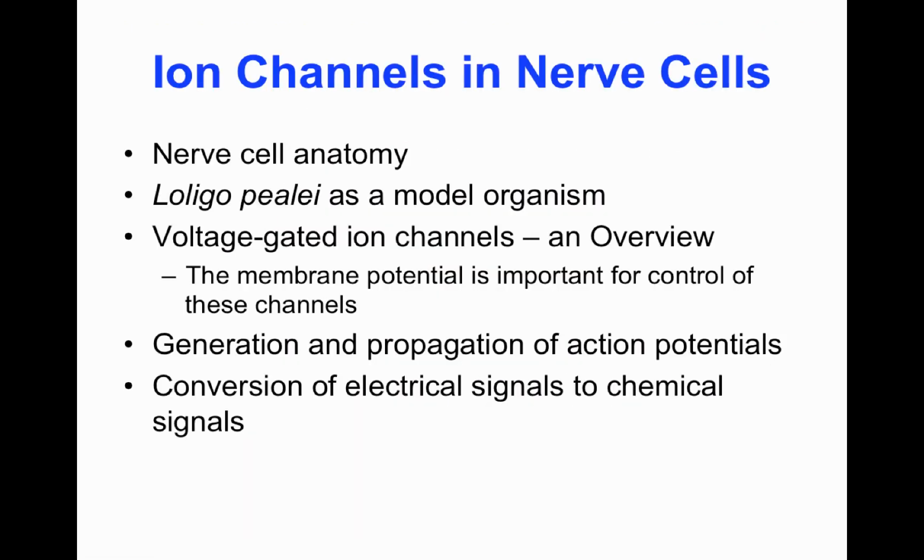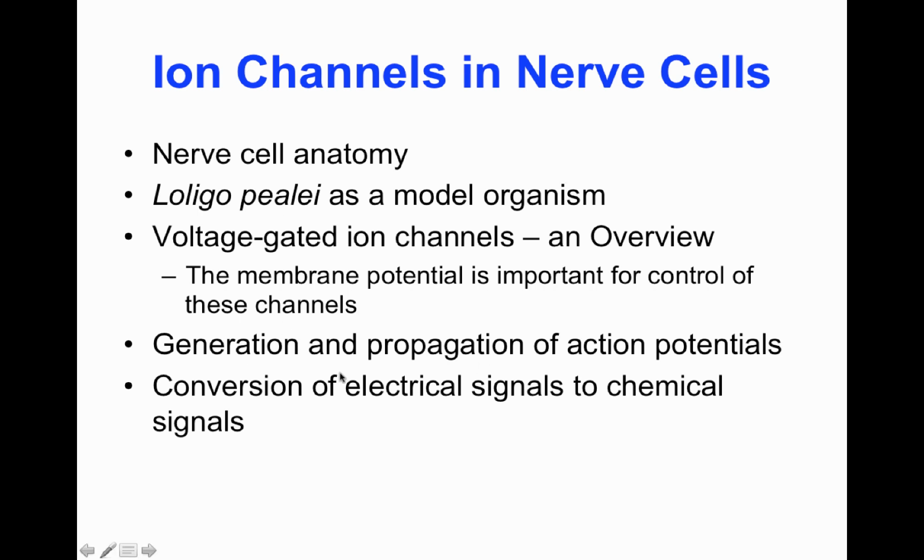Now, let's take a moment to look at how ion channels in nerve cells were studied. We're going to look a little bit at nerve cell anatomy. We're going to see how Loligo pealei, the squid, is used as a model organism to study ion channels in the nerve, and how the voltage-gated ion channels in the surface of the neuron cells allow the movement of ions across the membrane to change the membrane potential of the cell.